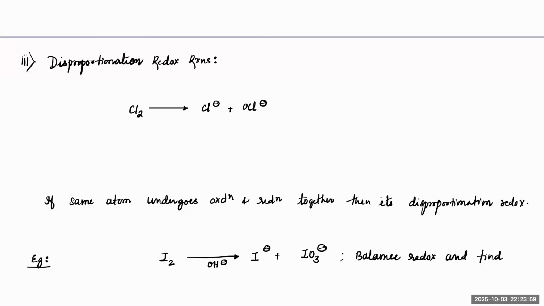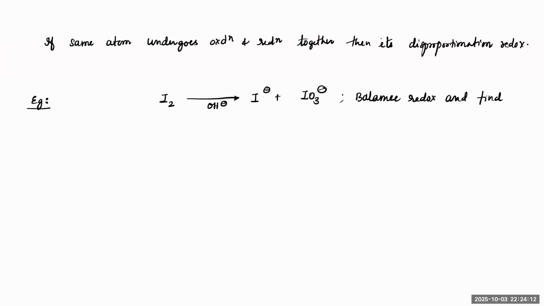From here to here, you know that chlorine is getting reduced, and this chlorine going to OCl is getting oxidized. Same logic will apply here as well. If the same atom undergoes oxidation and reduction, it is called disproportionation reaction. Now you see I2 is converting into I minus as well as IO3 minus. So this is also a disproportionation reaction.